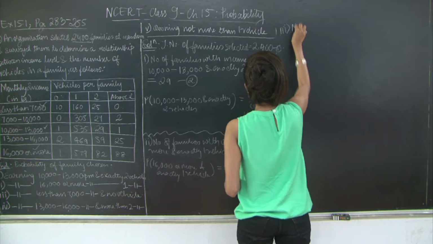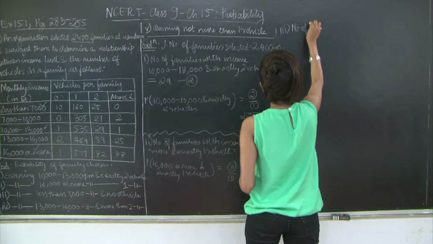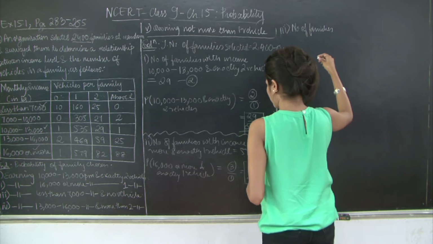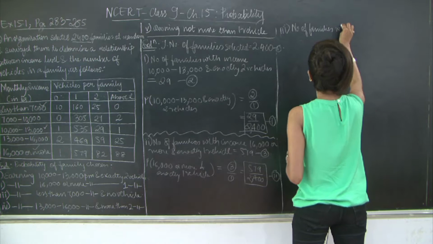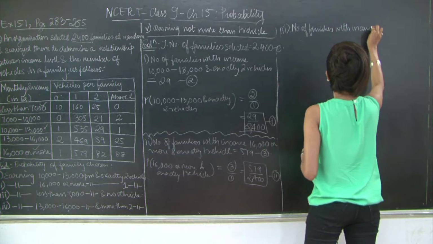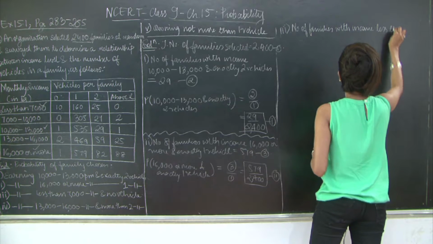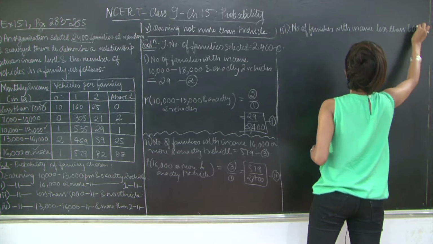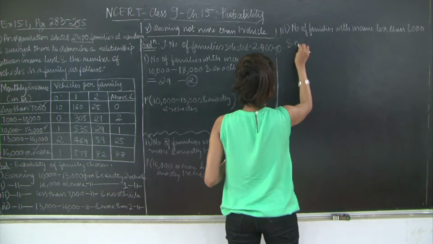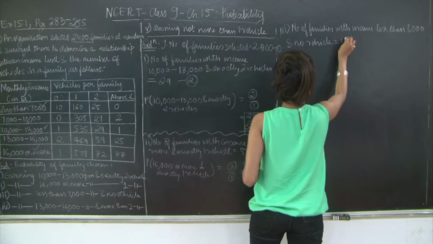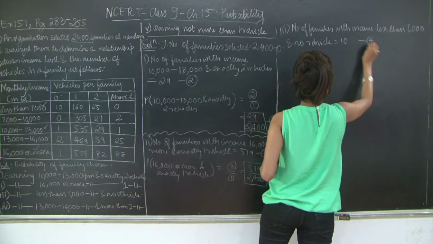So I'll say number of families with income less than 7,000 and no vehicle is equal to 10, and I will mark this equation as 4.